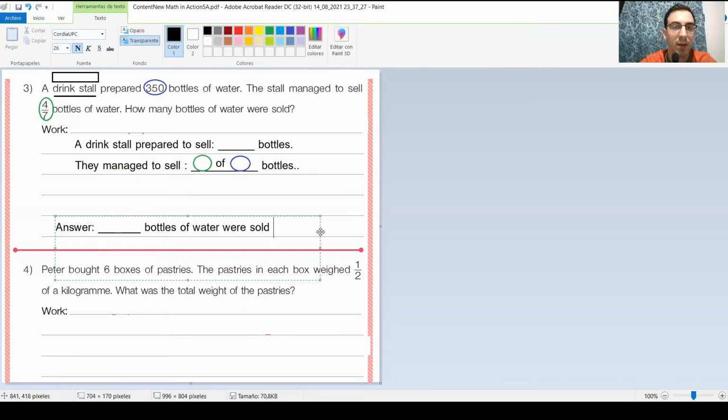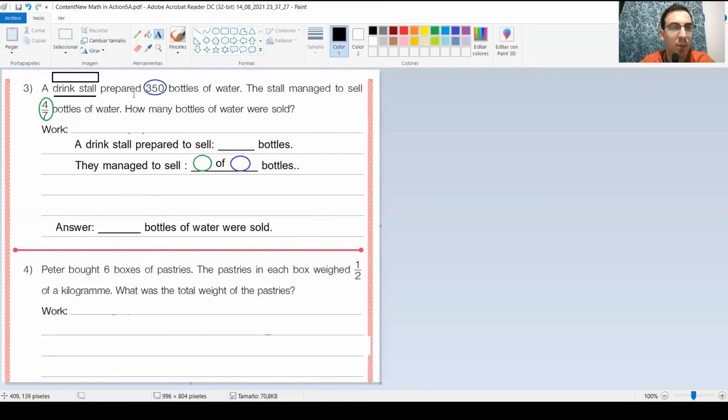Okay, this is one more time. You have here vocabulary to translate and one operation with fractions. Number 4 and last exercise for today. Let's read together.